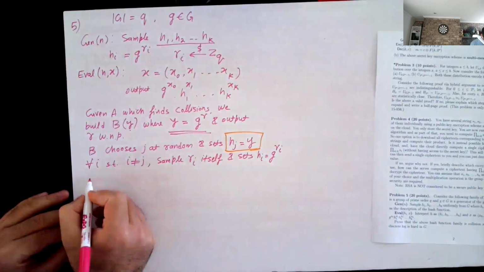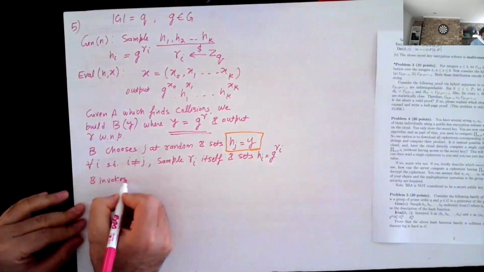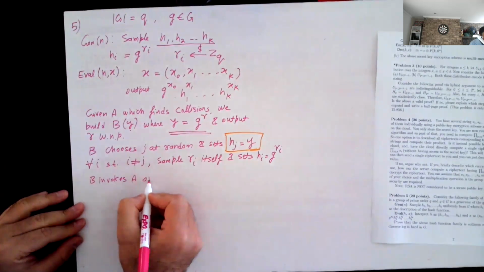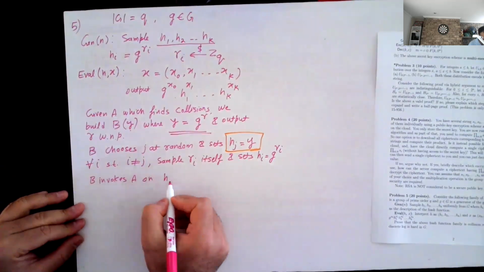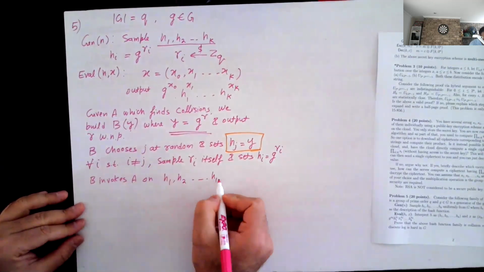Next, B invokes A on this description h1, h2 up to hk.